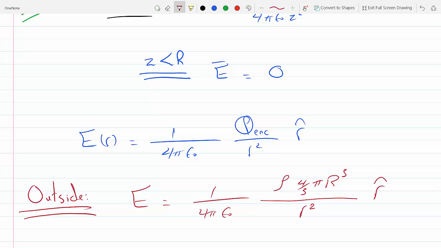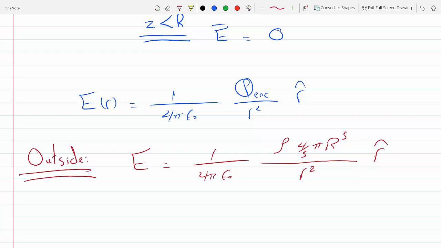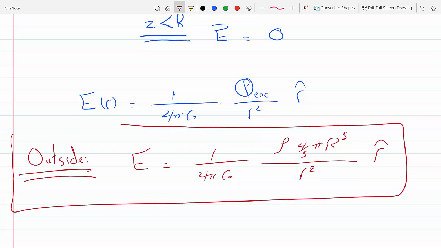And that's in the r direction. So this would be the result if you're outside the sphere.